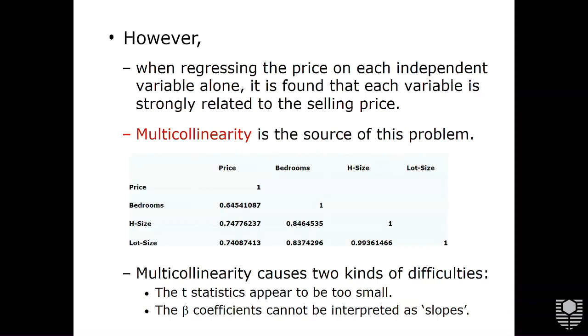But house size and lot size are nearly perfectly correlated. As I said to you guys, the correlation gives you the association between each pair of independent variables, or one dependent and one independent, or both dependent. It depends on whether the two variables are closely associated.